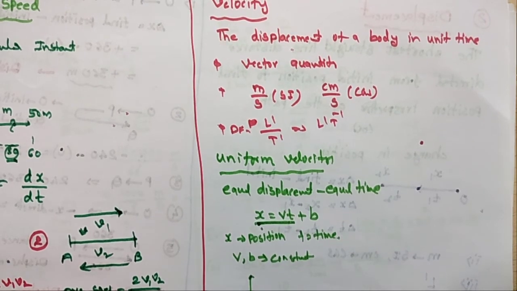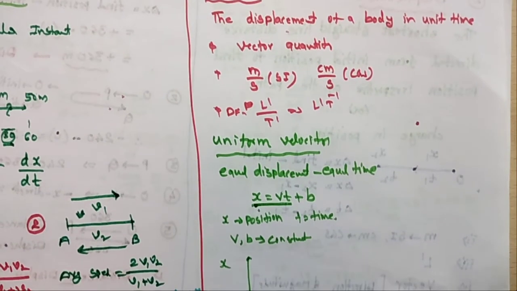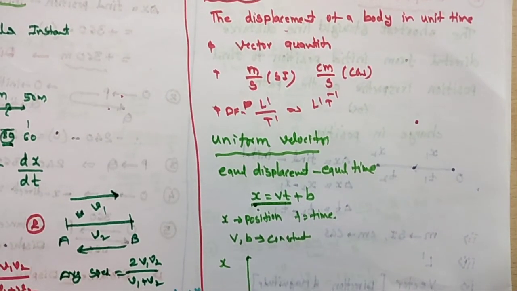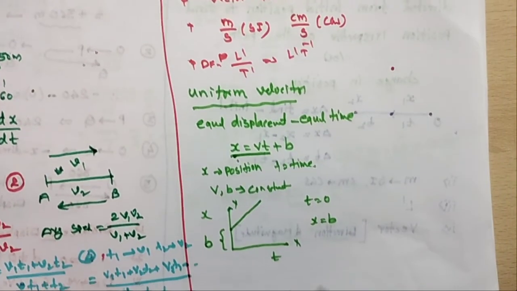This is the position and time graph in one axis: time on the x-axis, position on the y-axis. It has some constant value, b is a constant. This is the graph, and this is the initial displacement or initial position. If t is equal to 0, x is equal to b, so the particle has some displacement, not at the original position.